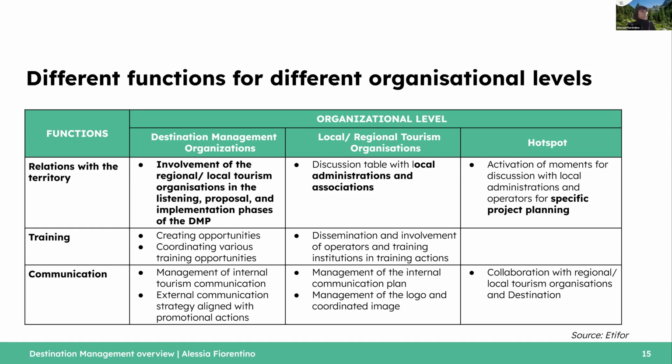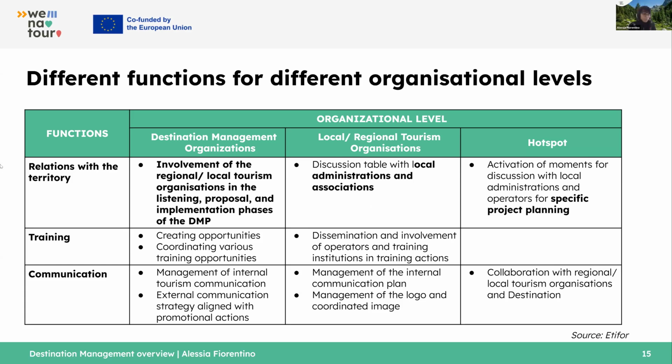So the local level opens discussion tables with administrations and associations. That's what I mean when I say the local and regional tourism organizations are the link with the territory, because they are there, they know it better than the national DMO, for instance.